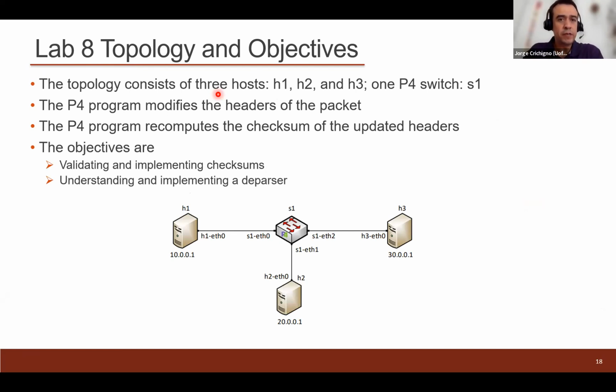Lab number 8 will be about checksums and Deparsers. Hopefully by the end of this lab, you will be able to implement Checksum, implement Deparser, and with that, you can implement the whole data plane, at least simple processing, simple devices that process Ethernet, IP version 4, version 6.